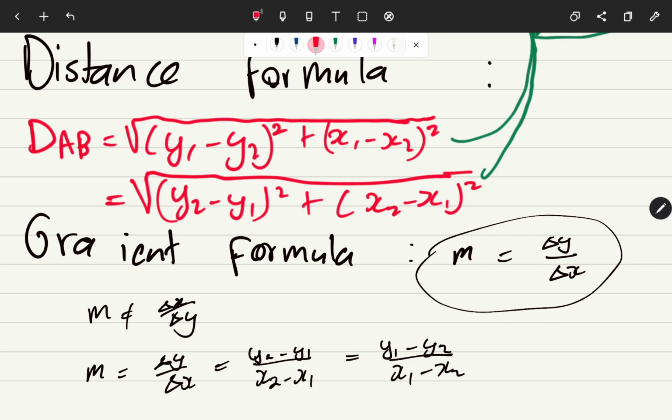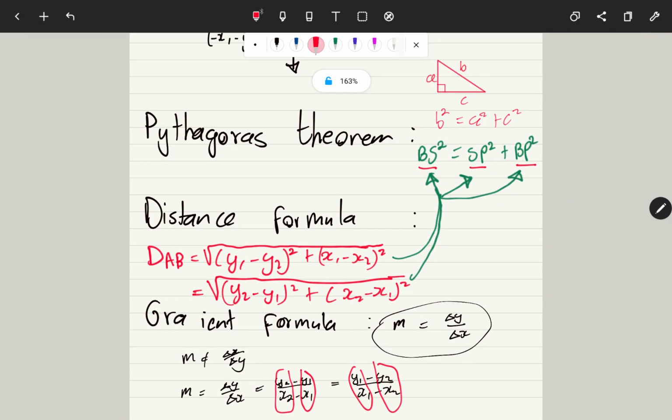Something I should make you aware of is that if I start with y1 in the numerator, then the denominator also starts with x1; y2, then x2. So just be careful of that. That may be a trick that can help you remember. So that's the gradient formula.